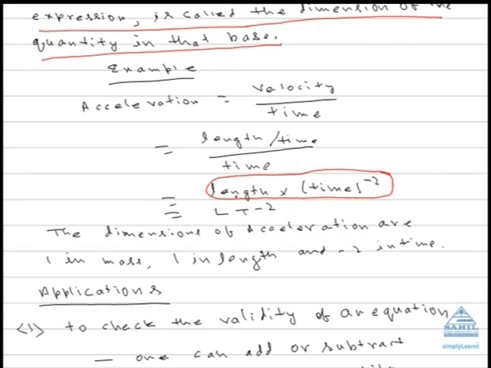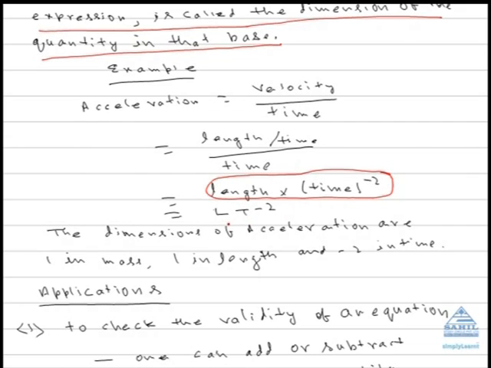Now, we have a standard notation for fundamental quantities. We have seen that length and time are fundamental quantities. What we have done is we have expressed acceleration in terms of fundamental quantities length and time.